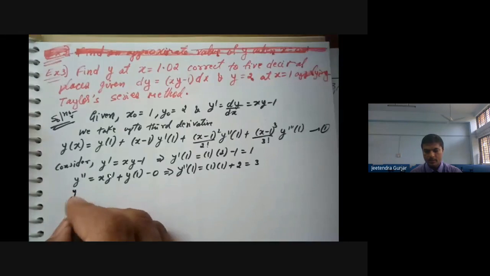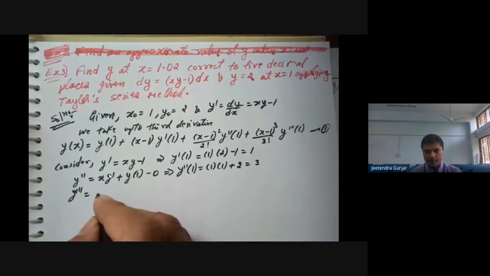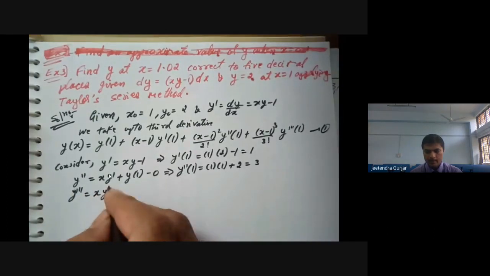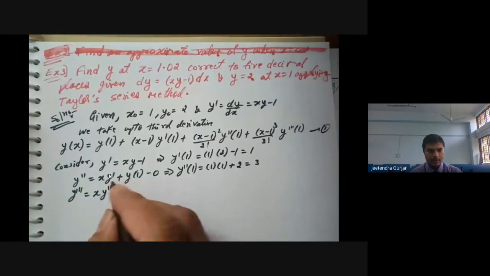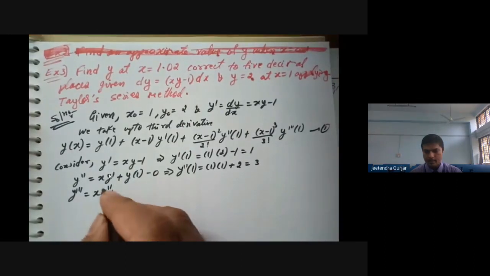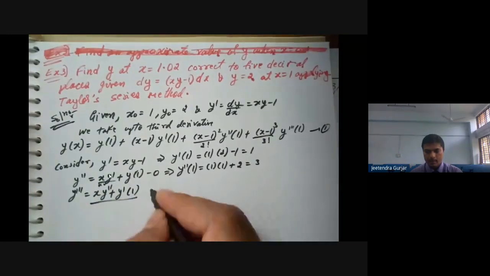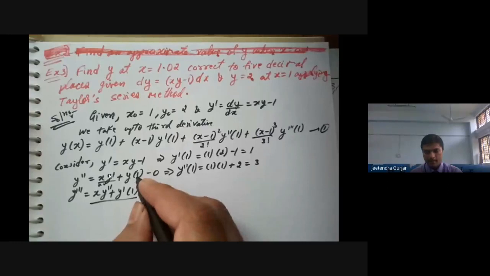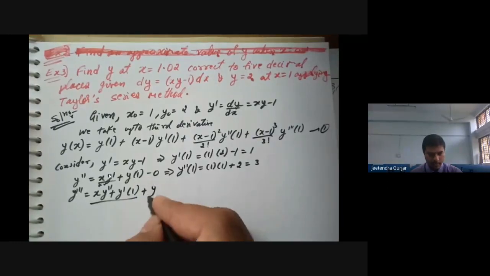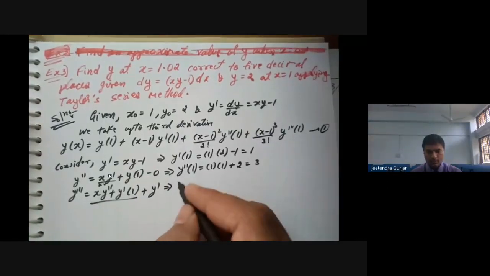So go for y triple dash, again u into v, students. Keep x as it is, differentiate y dash. Differentiation of y dash is y double dash, plus now keep y dash as it is. Differentiation of x is 1 and differentiation of y is y dash. So directly write here y dash, and 0 is gone now.